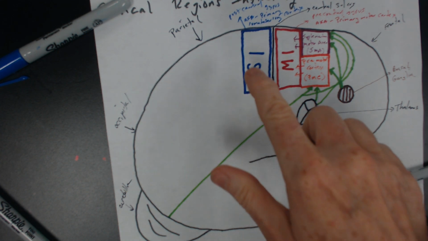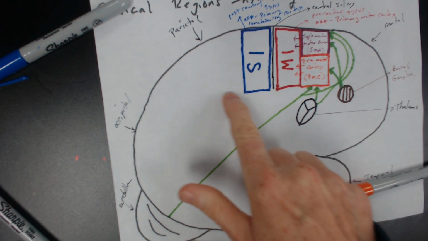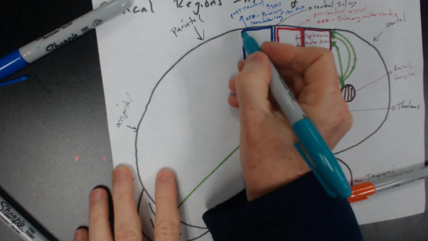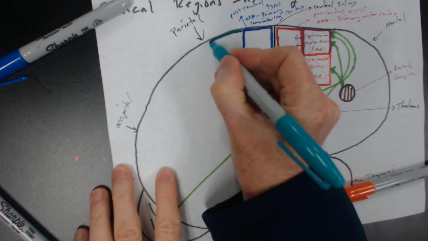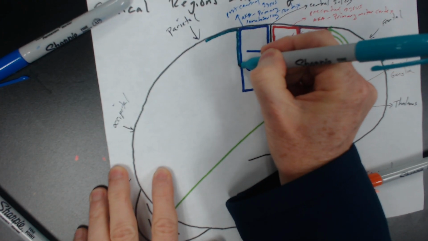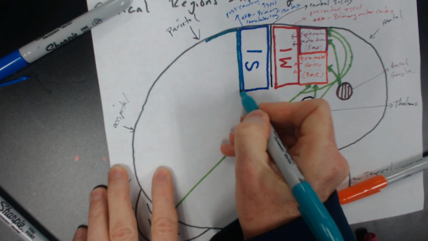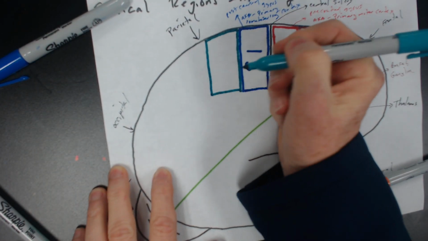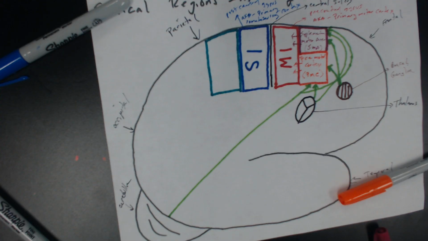And then back here behind S1, I'm going to put in another important processing area. The premotor cortex and the supplementary motor area are important for processing information to send to motor. This area is known as the posterior parietal cortex. In some cases you might see posterior parietal association area. It's the same thing.